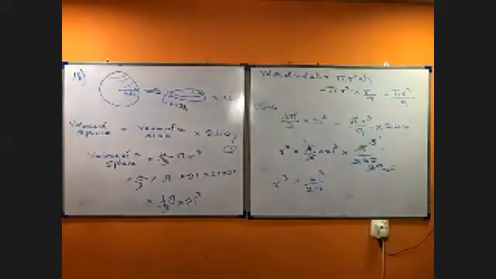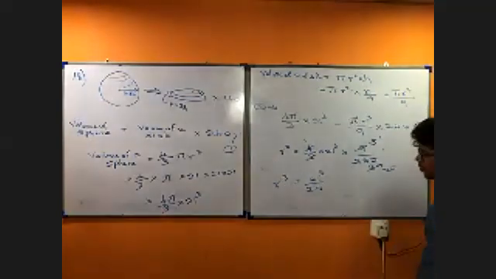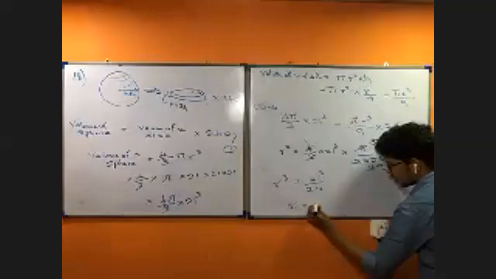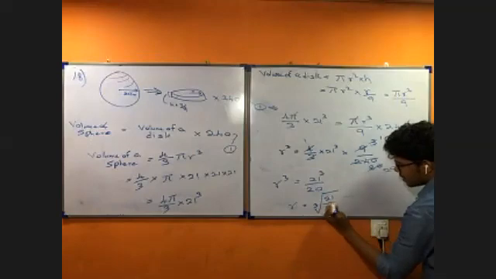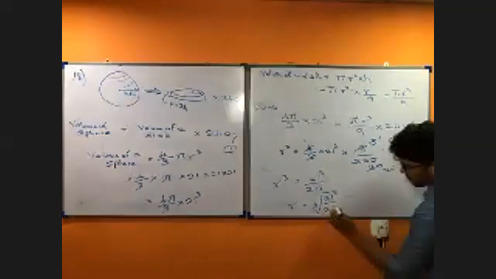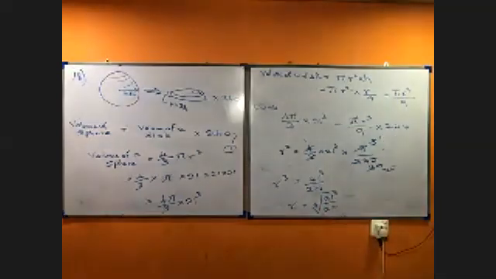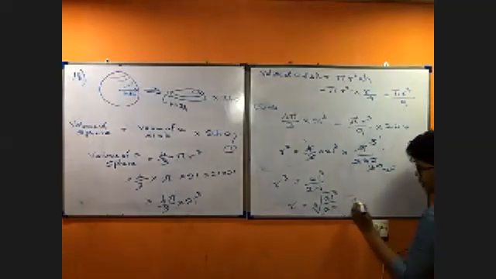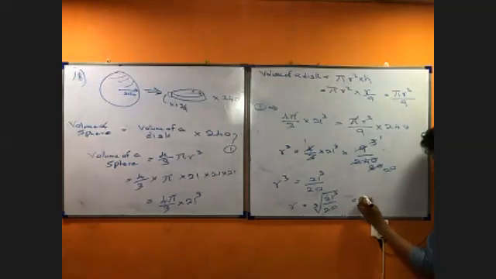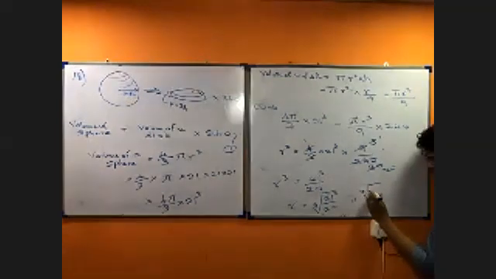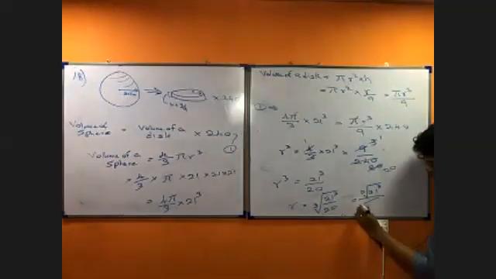So now you need to find the third root. You are taking the third root of both sides. So r is equal to third root of 21 cube divided by 20, right? So I can separate it: third root of 21 cube divided by third root of 20.